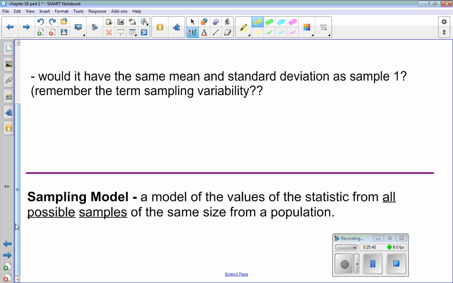So if I were to look at the salaries, and I looked at all the possible combinations of 15 sticks, well, we'd be here a while, first of all, wouldn't we? But you can kind of imagine that's kind of filling in. That's what I mean by sampling model, okay? All the possible combinations of each of the samples.